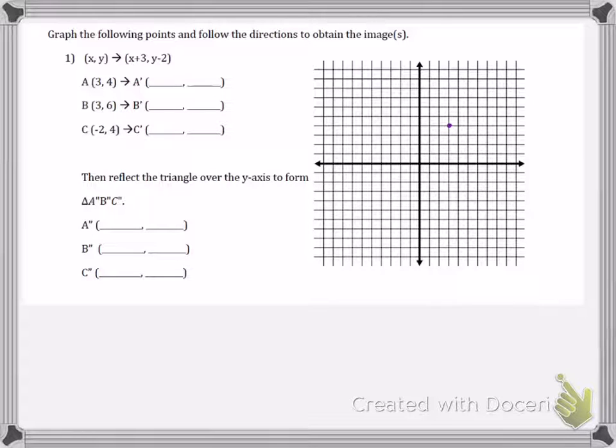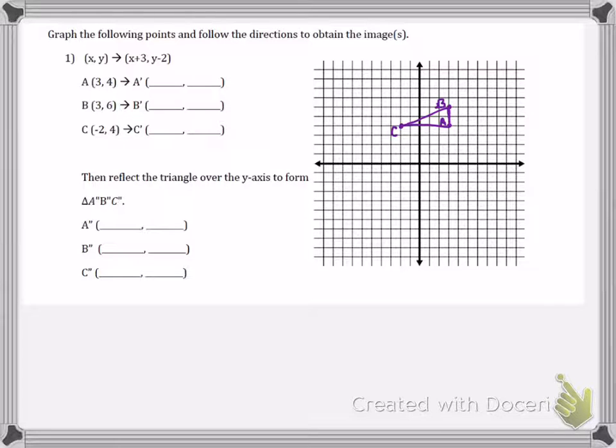And that's point A, and so we're just going to label that with a capital A. And the point 3, 6, that would be a capital B. And then the point -2, 4, and that would be point C. So just labeling our original.